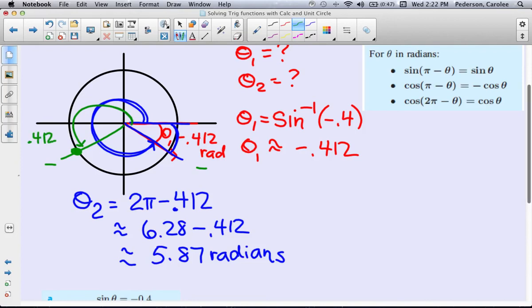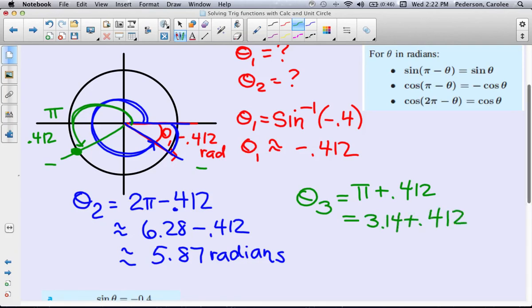Because this distance from here to here is pi, adding in another 0.412 would give us what we call theta 3. So pi plus 0.412, remember pi represents 3.14 radians plus 0.412 radians is approximately 3.55 radians.